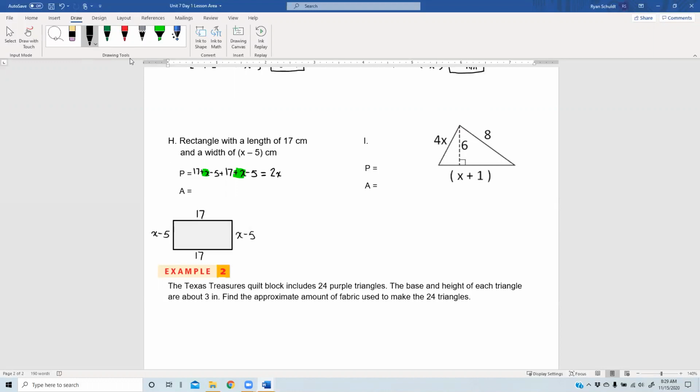And then 17 minus 5 is 12, plus 12, so I'm gonna have plus 24 here. Now, notice they still gave me units. So I'm gonna put this in parentheses and then say my units were centimeters. There we go. Yes, x is in the answer, I know. But that's okay.